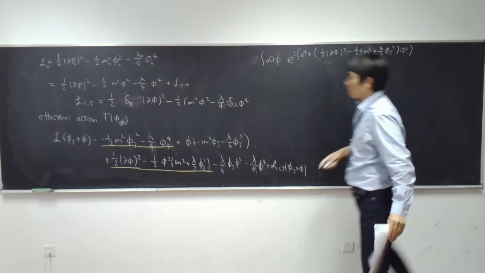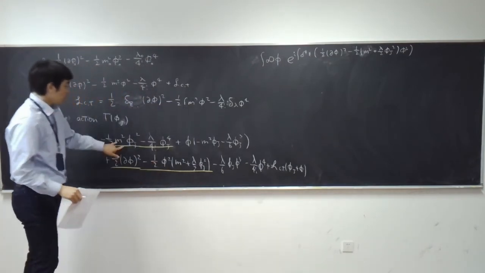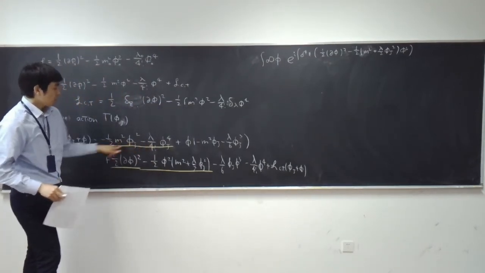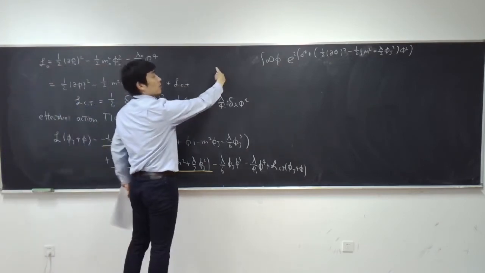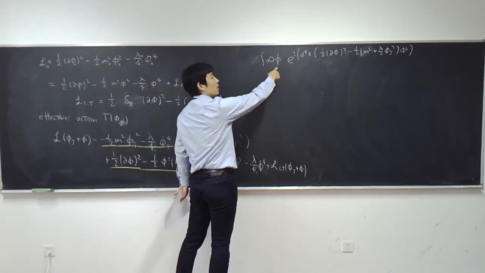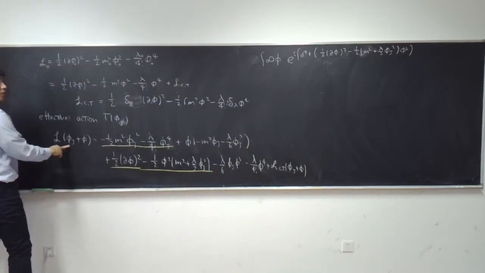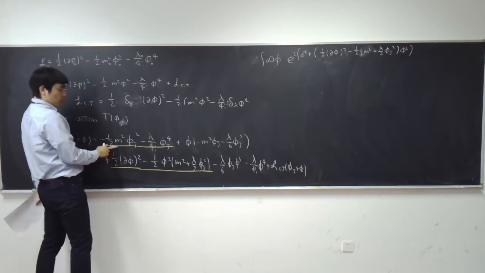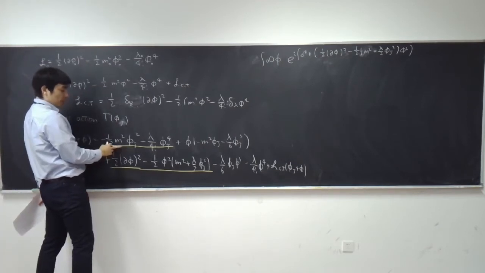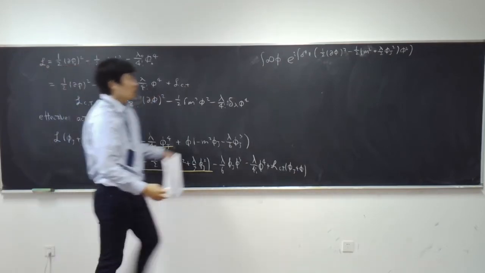That's the part which depends on phi, and the rest of the part is just constant, so this one is out of the integral. I take the path integral over phi, not phi_j, because phi_j is constant. I just keep it as it is because it's outside of the path integral. Let's consider this.